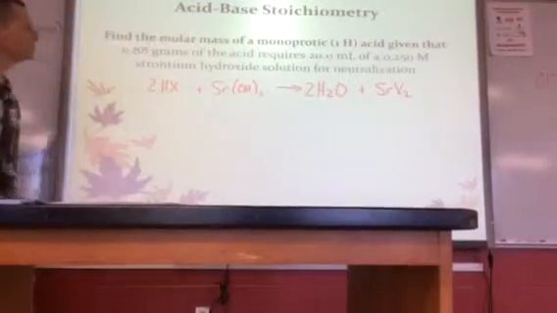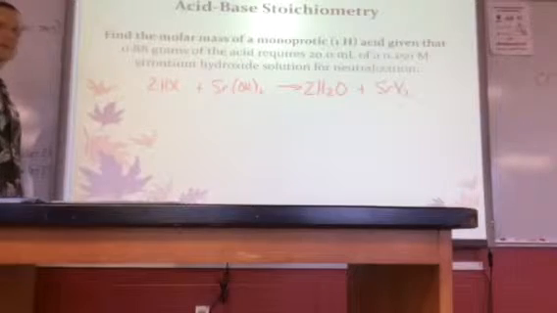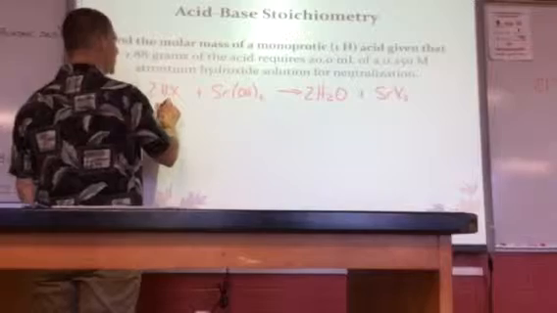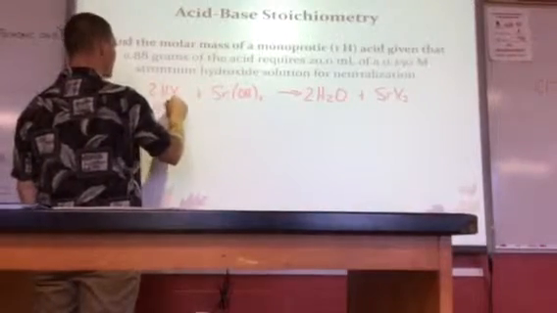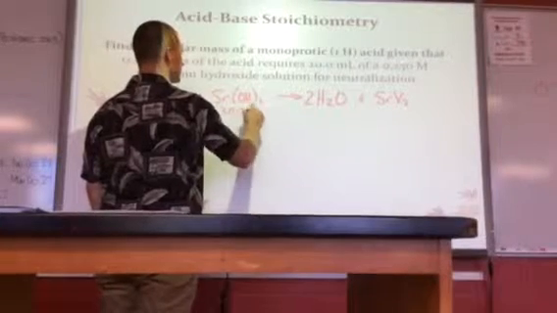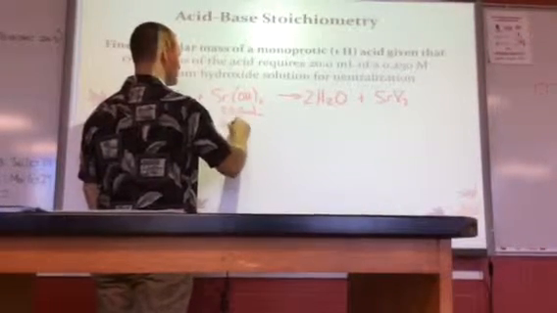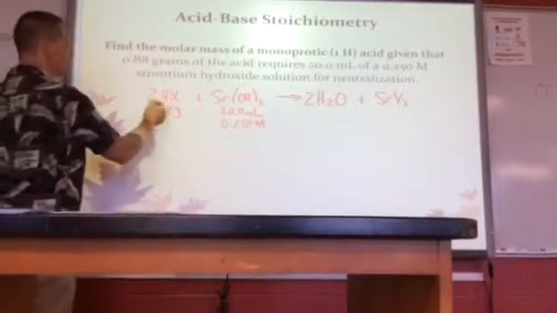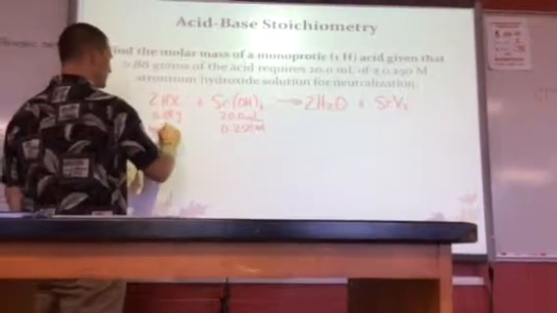Does this look like a stoichiometry problem to you? No. What are we trying to find here? We want molar mass. What do we know? We know there's 0.88 grams of this, and we know 20 ml and 0.25 molar. The question is, what is the molar mass of this?